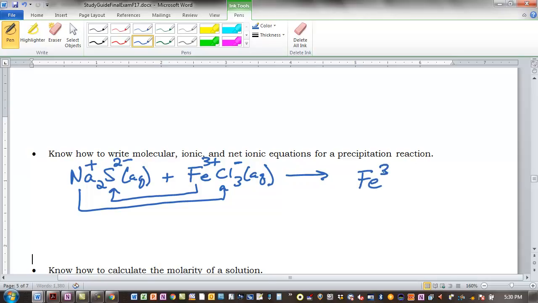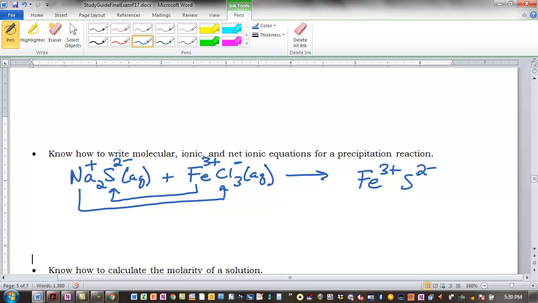So now you just have to decide what the formula of your precipitate's going to look like. Yes? Can you explain again how iron has that charge? Because chlorine is one away from the noble gas, so chlorine's going to gain 1 electron and be -1. So 3 times -1 must mean that iron is +3 to balance that.